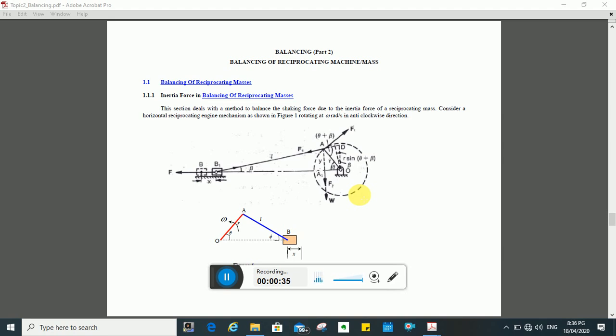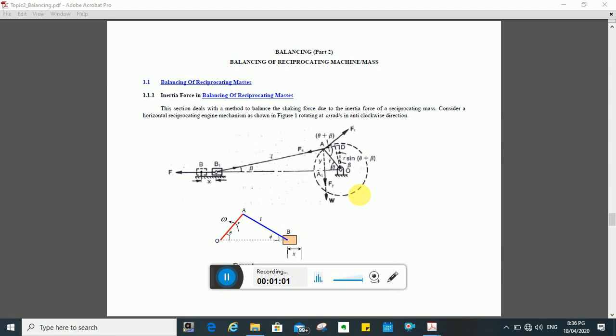In order to prevent the effect of centrifugal force, another mesh will attach to the opposite side of the shaft in order to balance the existing unbalanced centrifugal force. So that is on part 1.